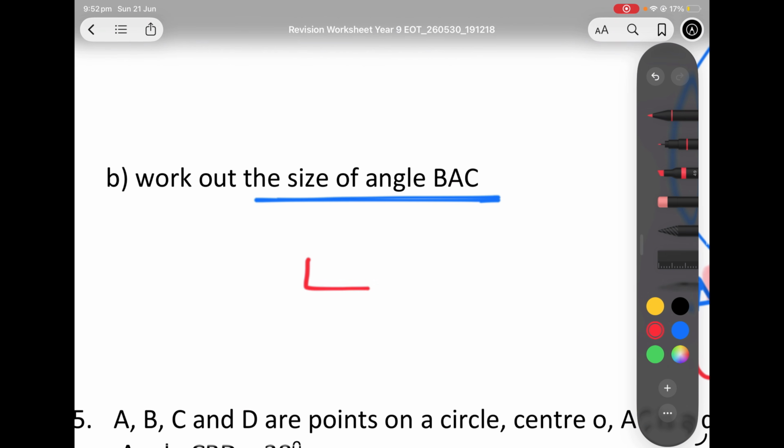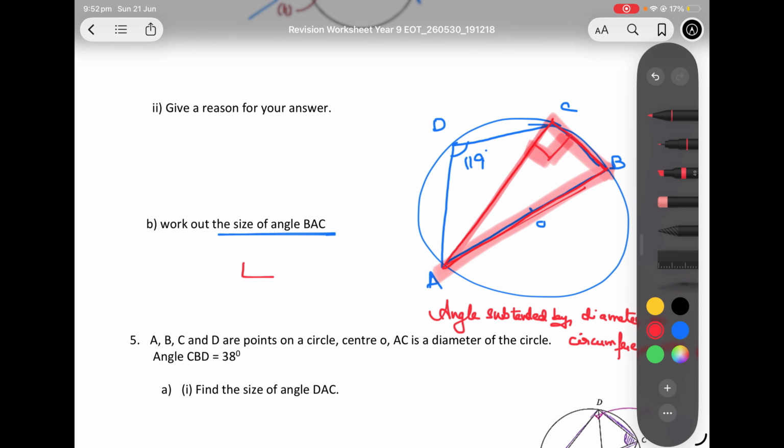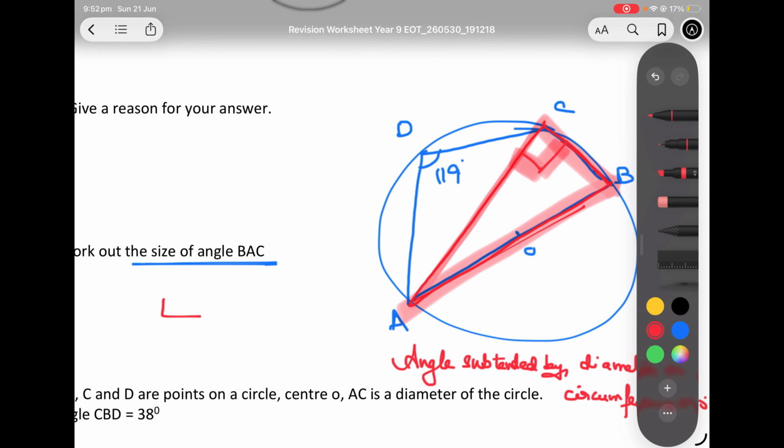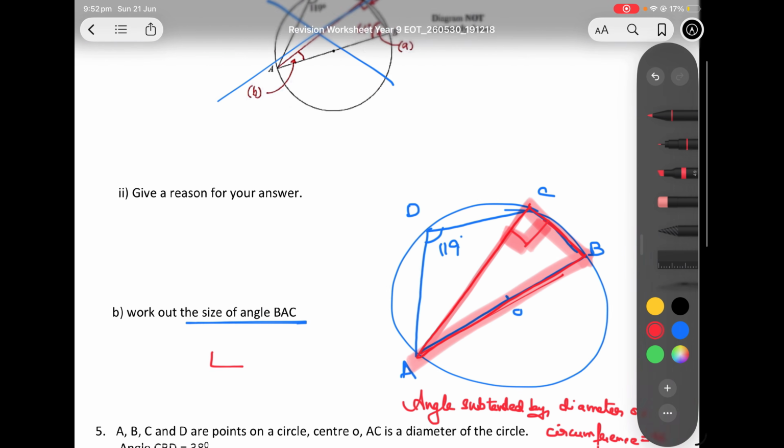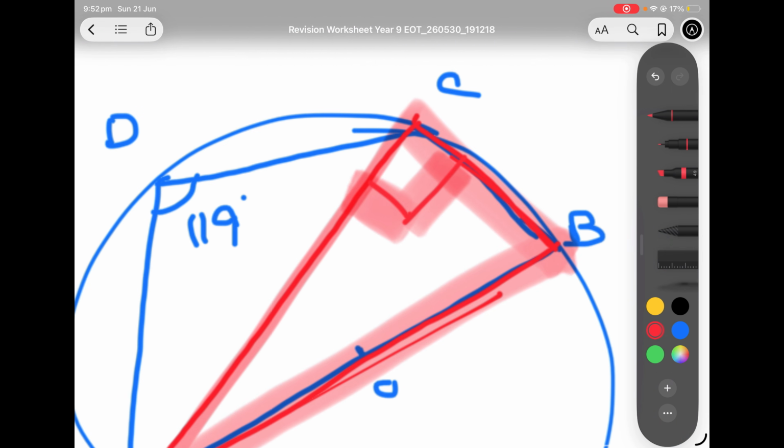Now I have to find the angle BAC. We just calculated this particular angle from the previous one, which was equal to 61 degrees, because this and this added together became 61.